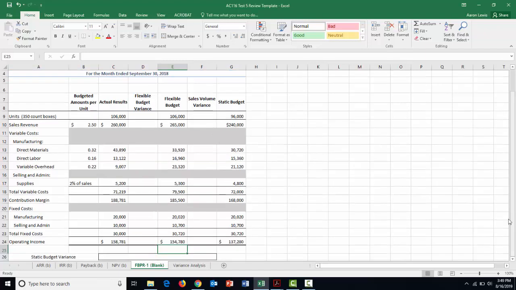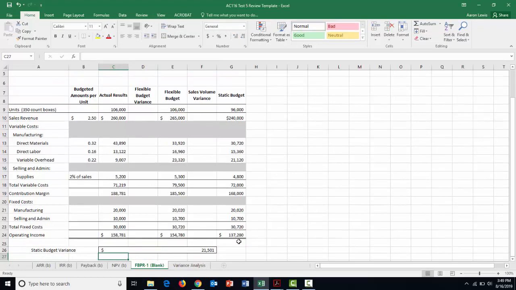Let's actually go to the bottom first. Our static budget variance is equal to our actual operating income minus what we budgeted for. And that comes out to be $21,501. We thought we were going to have $137,280.